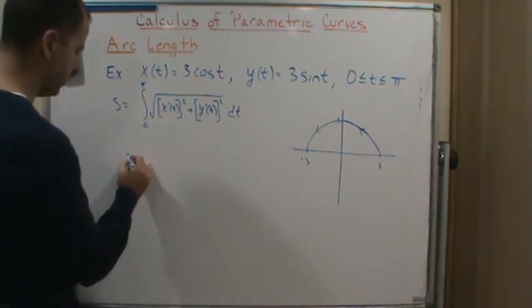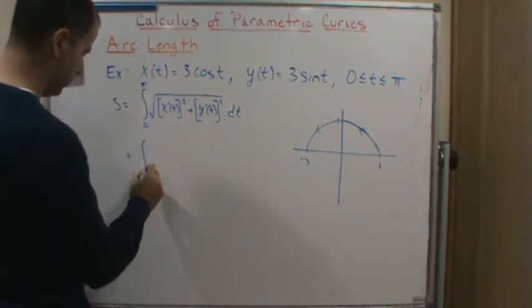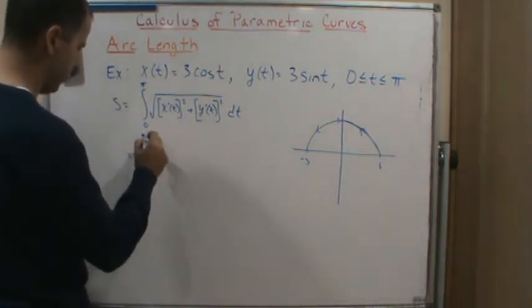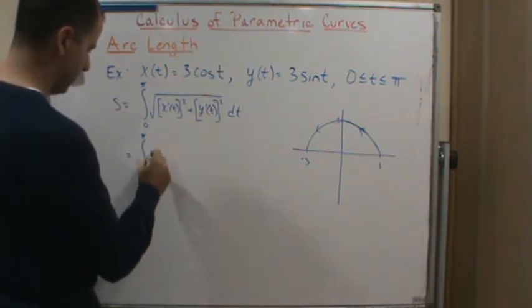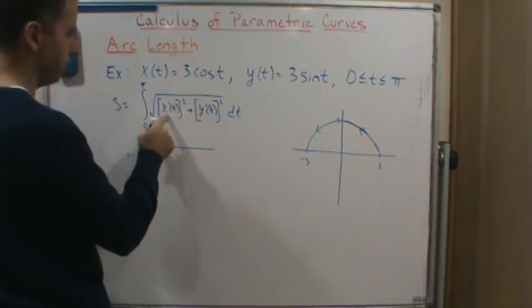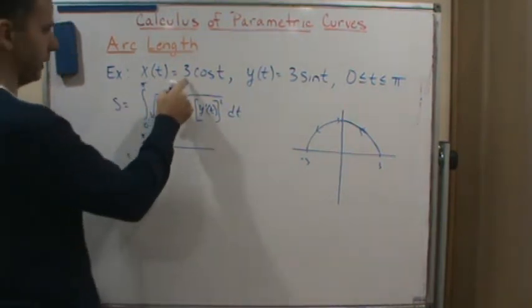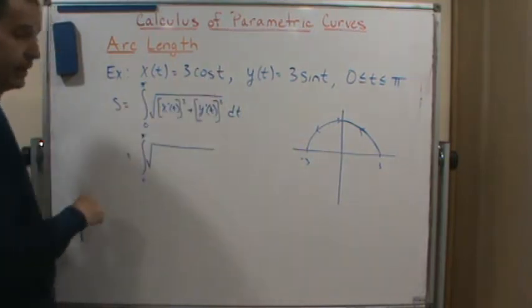So now we're going to put in the values. So it's going to be the integral from 0 to pi, and this is going to be the square root of. Now, what's the derivative of x of t? Well, the derivative of cosine is negative sine.